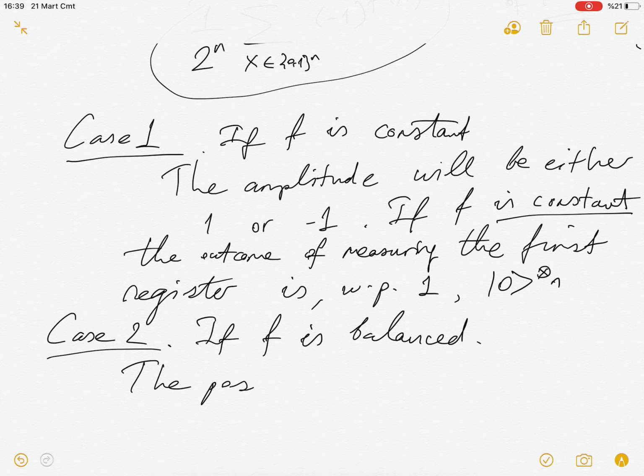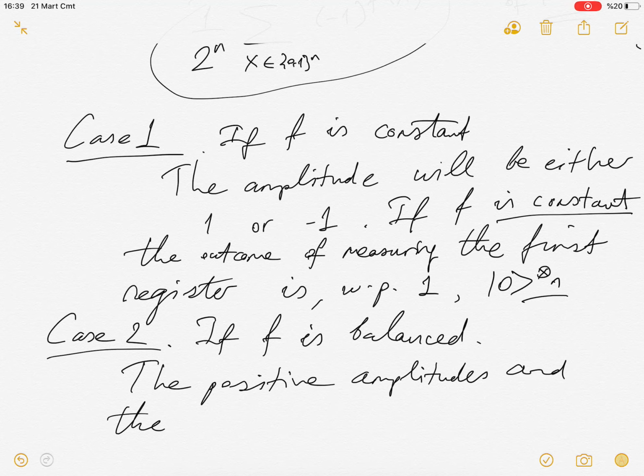The positive amplitudes and the negative amplitudes interfere with each other, so they cancel each other. Half of the amplitudes would be positive and the other half negative, so the total amplitude of the all zero state will be just 0.